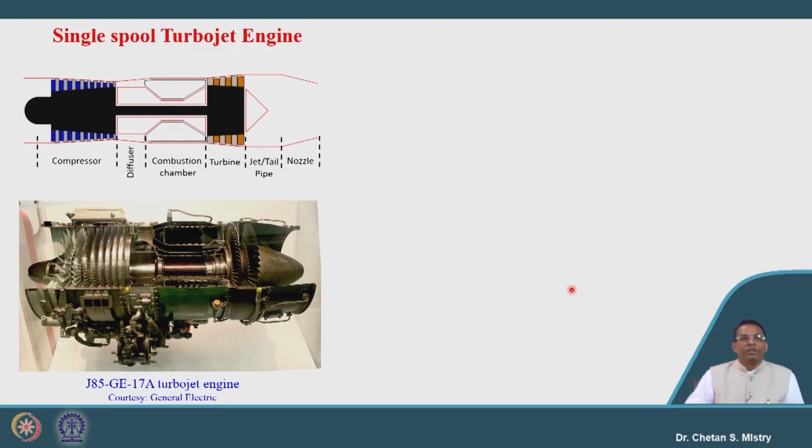This is our single spool turbojet engine, and this is the simplest gas turbine engine that is being used for aero or aircraft application, where we have compressor, diffuser, combustion chamber, turbine, tailpipe and the nozzle, and we have realized the requirements of these components.